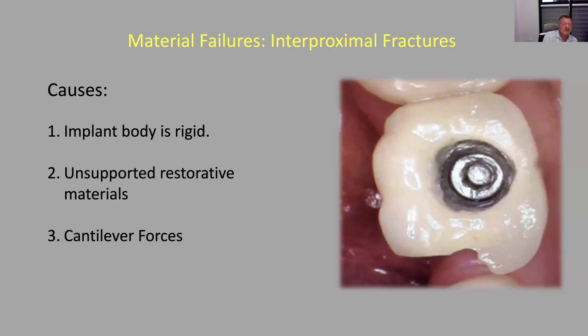I'll show you a few examples in just a second. Cantilever forces are a big cause of these. Cantilever forces are when you get off center of where the force should be directed, and we start to direct force in areas that really weren't intended by design to hold force. For an implant, they were intended to have force placed vertically, directly onto the implant.